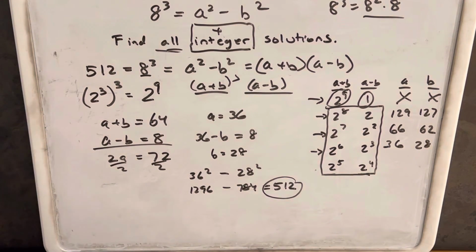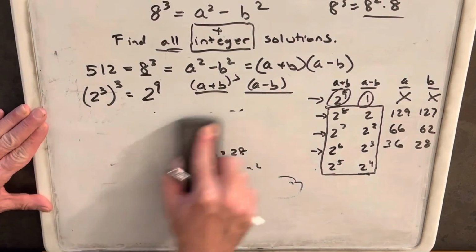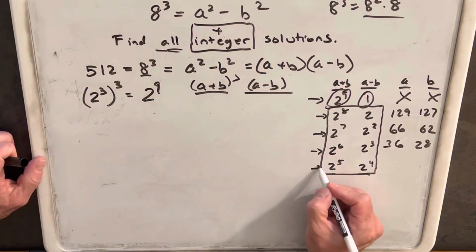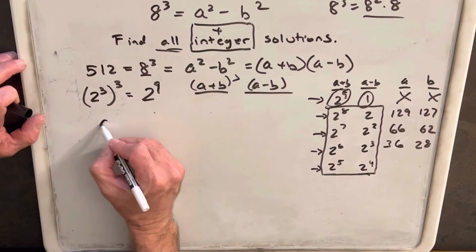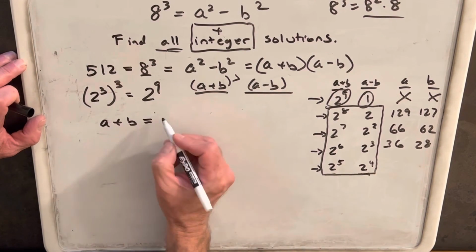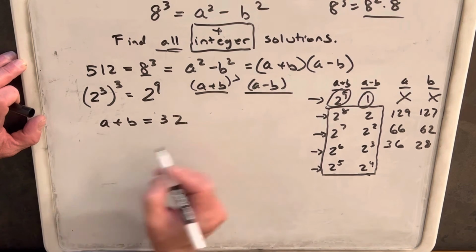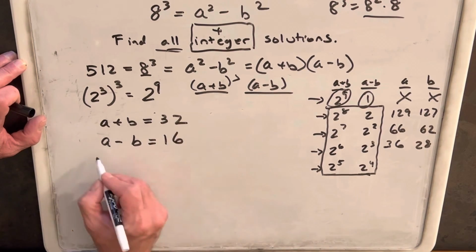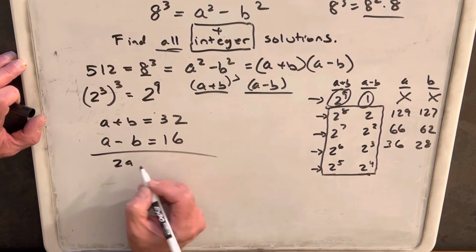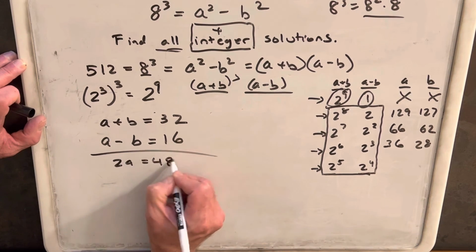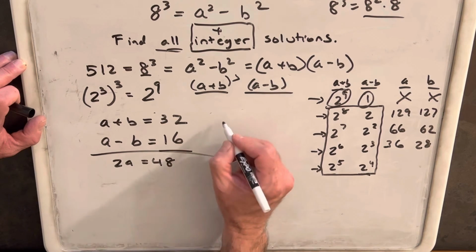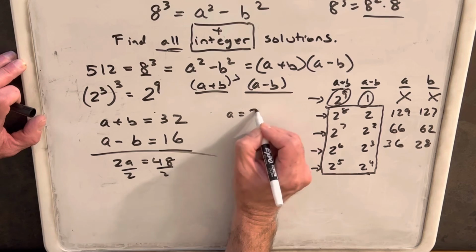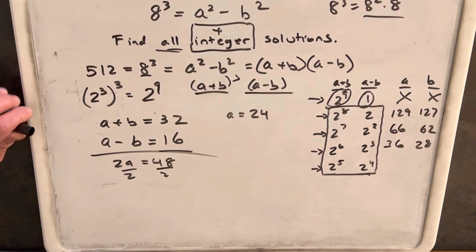And then we need to just check our last case, which is going to be 2 to the 5th times 2 to the 4th. So we're saying a plus b is going to be equal to 2 to the 5th, which is 32, and a minus b is 2 to the 4th, which is 16. Adding those together, we get 2a equals 48. So dividing by 2, we have that a equals 24.